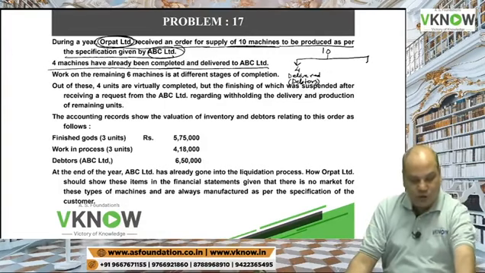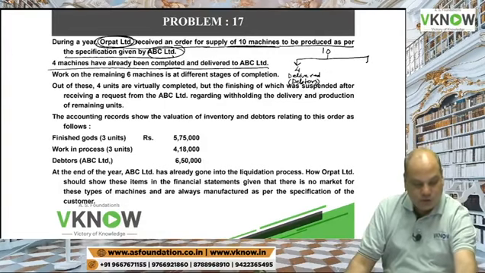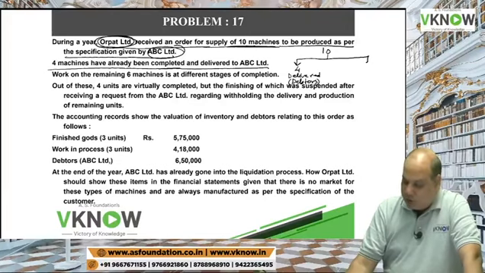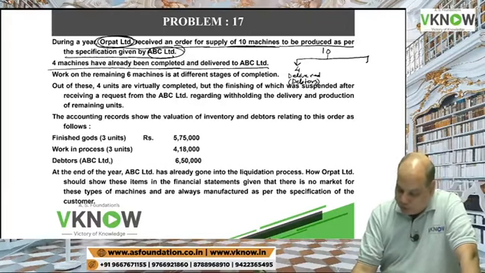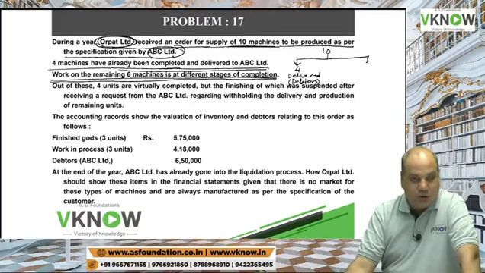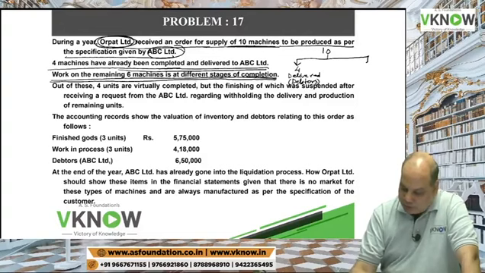For four machines, ABC Limited is your debtor because that is completed and delivered. Work on the remaining six machines is at different stages.